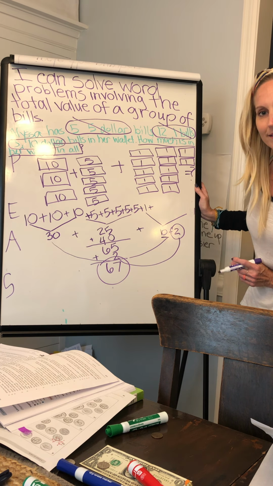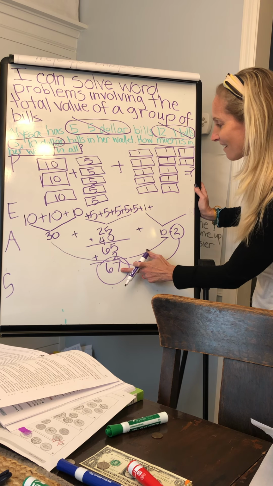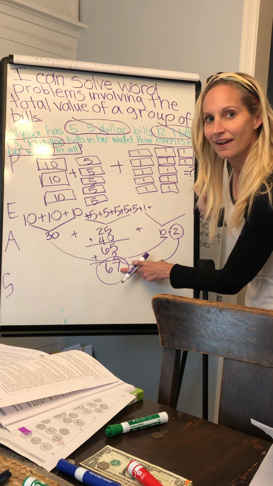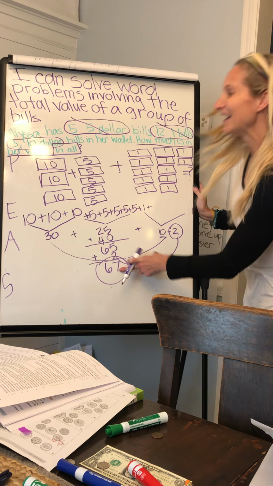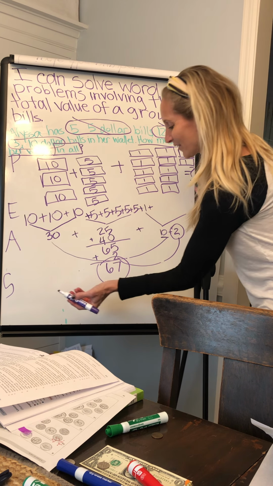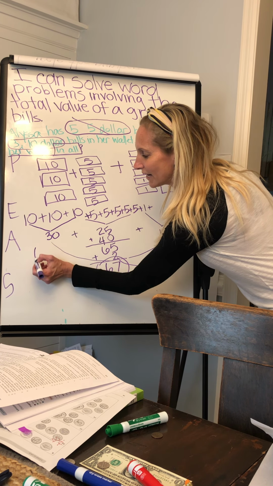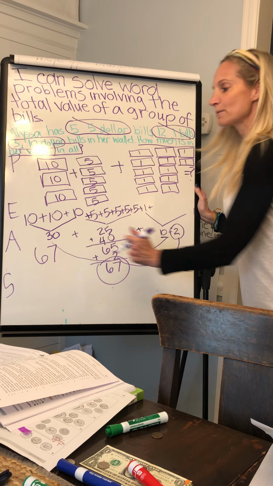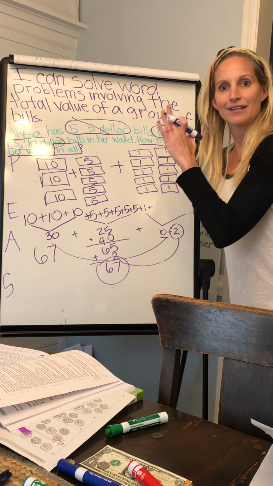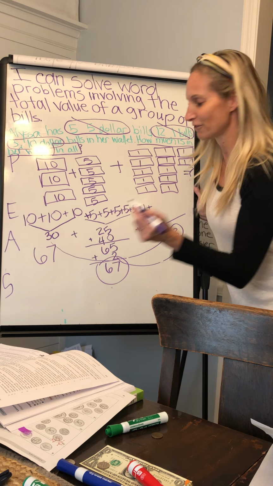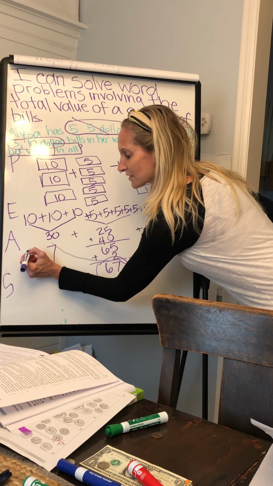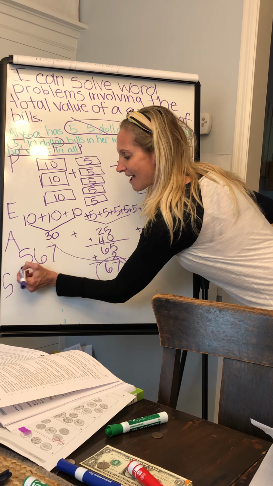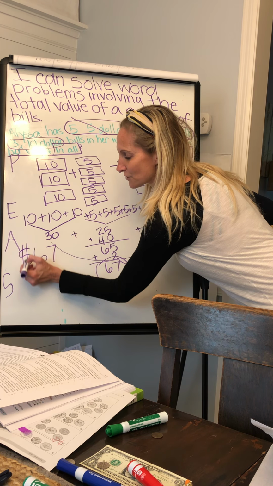So what is my answer, guys? 67 what? Cents? No, these are bills, so it's going to be dollars. Right, so right here I'm going to write my 67. And then the other day when we talked about the difference between cents and dollars, I taught you all that sign for dollars. And the dollar sign is that S with the 2 lines through it.